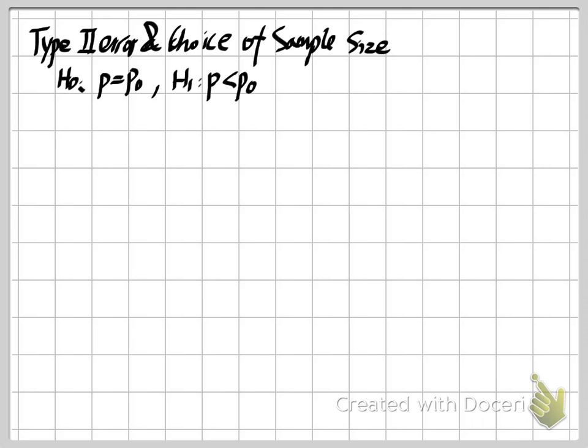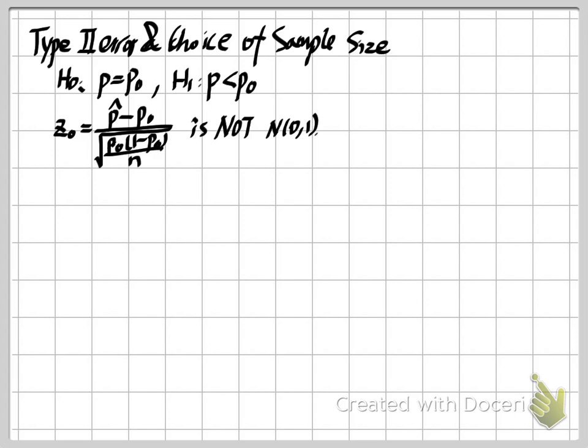If we look at our test statistic Z0, we know this Z0 is not a standard normal distribution. So what we will do is similar to our previous lecture. We will assume another value for the true value of P, the population proportion, which we denote by P prime.